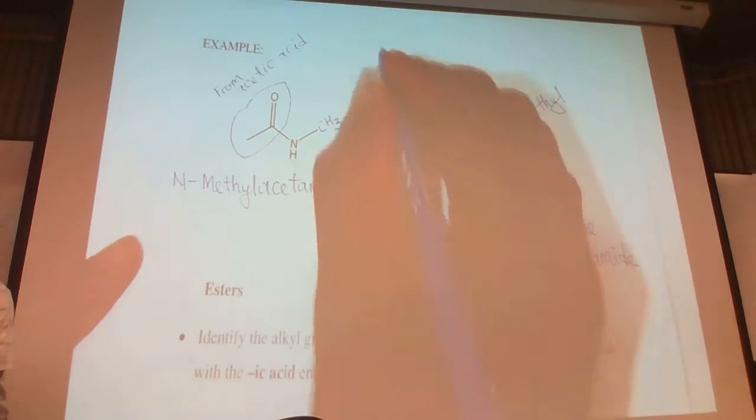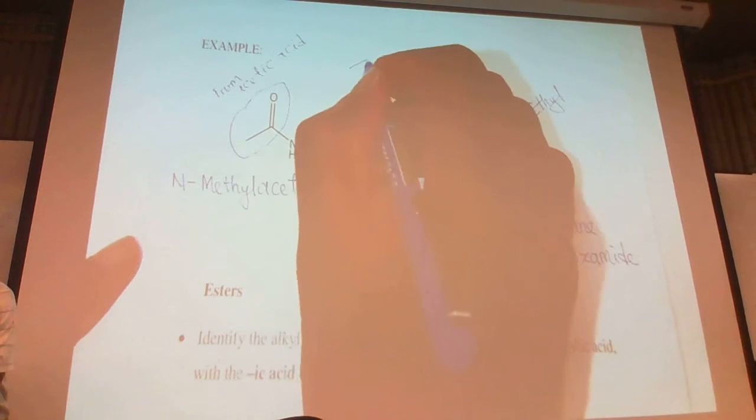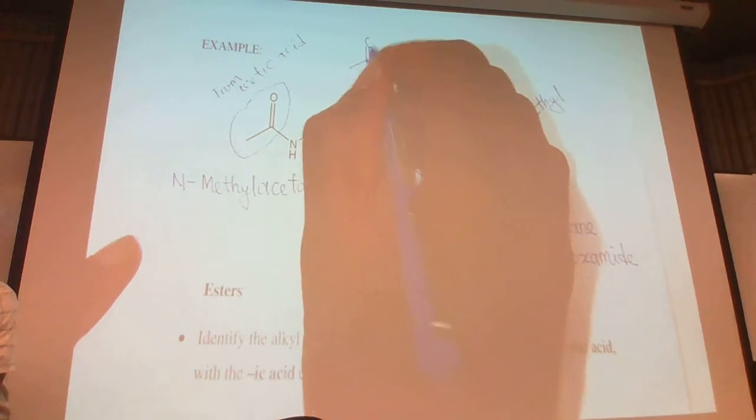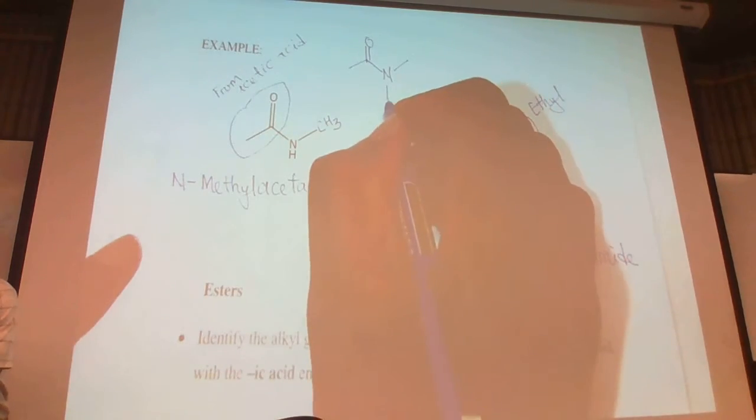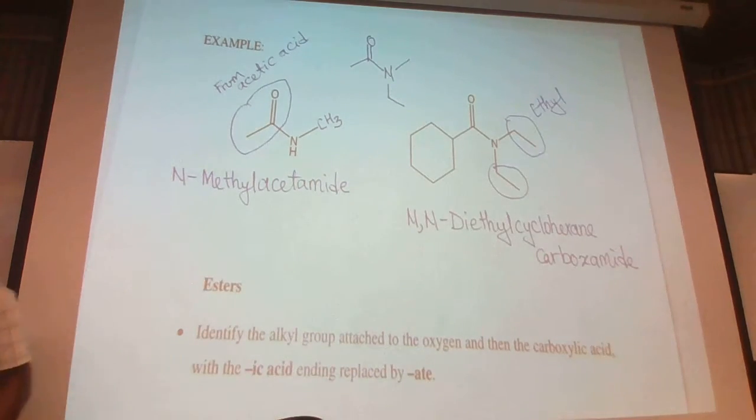Let me give another example here. Let's say we have this from the acetic acid. So we have a methyl group here, and we have an ethyl group here. If it were two methyl groups, you'd say N,N-dimethyl acetamide, right? But now you have a methyl and you have an ethyl.